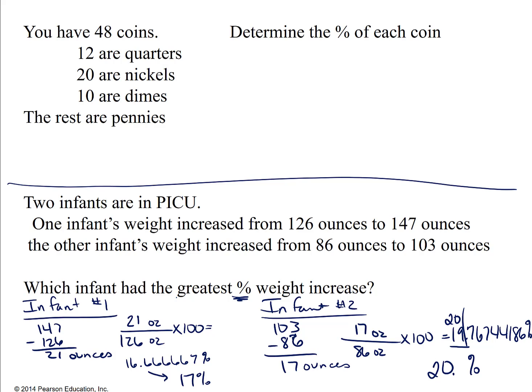So it may have looked like baby 2 gained less weight, but baby 2 was smaller to begin with. So baby 2 actually had a greater percent weight gain. And so in comparison, using percent helps you to compare numbers that may not have the same scale, but by putting them in a percentage, now suddenly you're putting it all on a scale of 0 to 100. So it can make 2 numbers much more comparable than just looking at them individually.